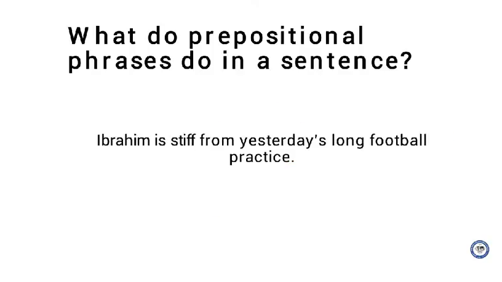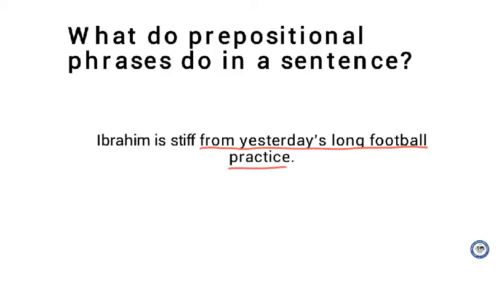Another example to clarify how prepositional phrases can function as adverbs in sentences. If you look at this example, Ibrahim is stiff from yesterday's long football practice. Now the prepositional phrase starts with the preposition from, and of course ends with the object of the preposition, which is practice. So he's stiff from practice. What kind of practice? Yesterday's long football practice.